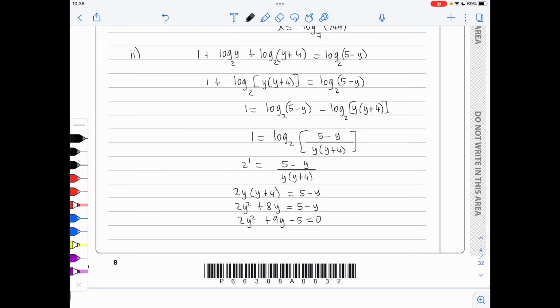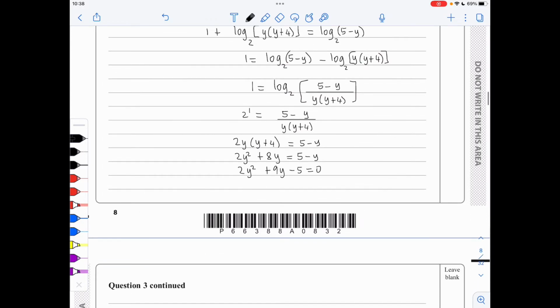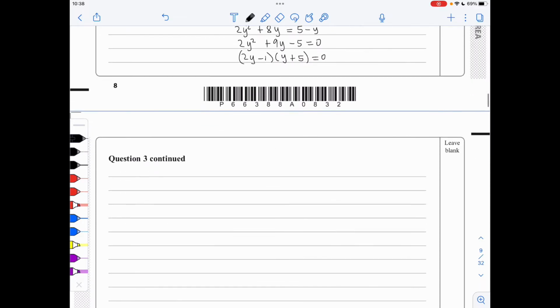Now I will factorize this into (2y minus 1)(y plus 5), and therefore from this we get two possible solutions for y. The first one is 2y minus 1 is 0, which means that y is a half, and the second one is y plus 5 is 0, which means that y is negative 5.